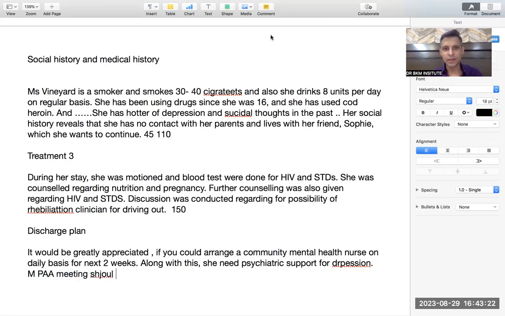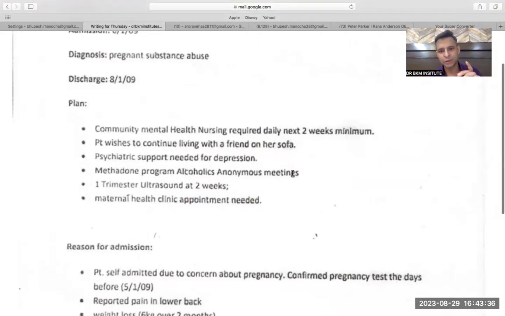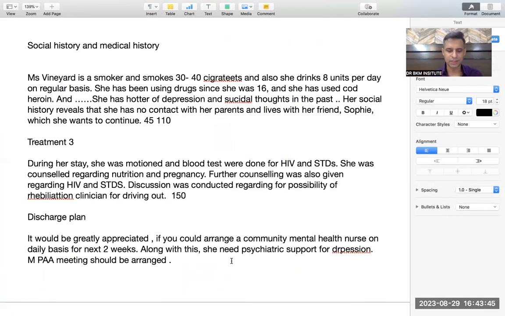So in OET, no matter how complex the data is, the only thing I am doing is putting my tenses right: should be arranged. So I'm telling the community health nurse that this meeting should be arranged. I did not do anything. I wrote the same thing, should be arranged. And first trimester ultrasound after 2 weeks.